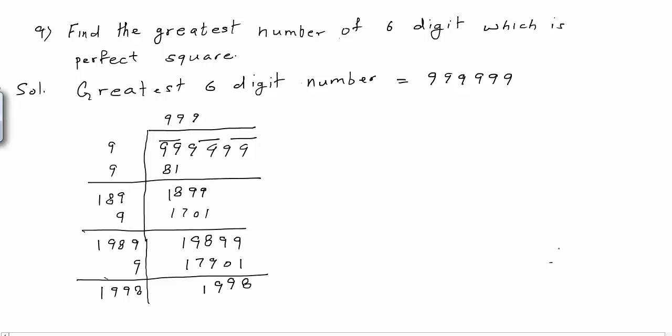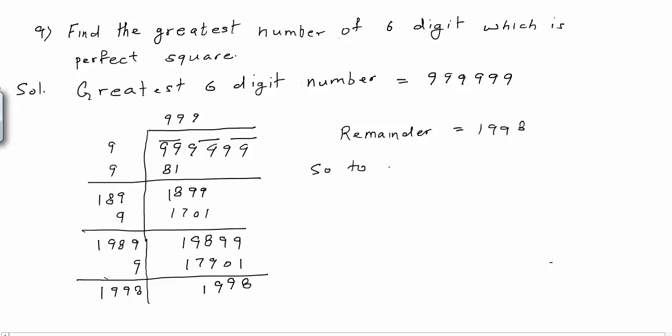So if I subtract this 1998 from the given number, I will get a perfect square number. So what we do, the remainder is 1998.